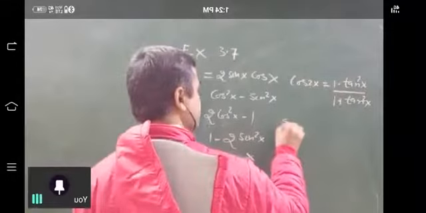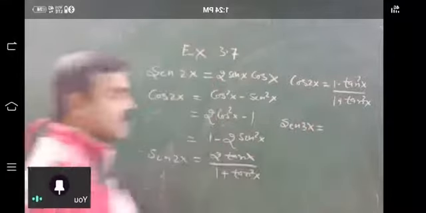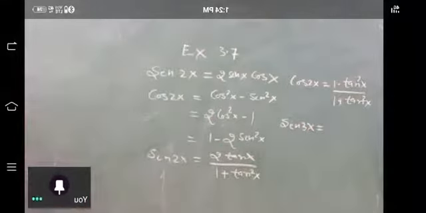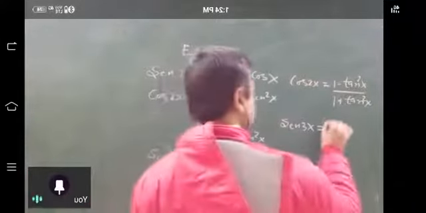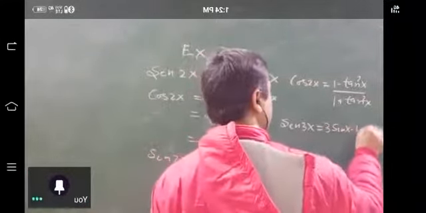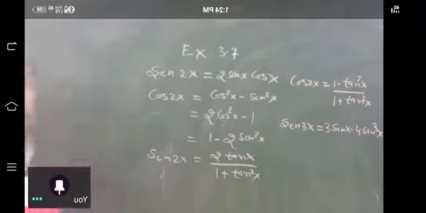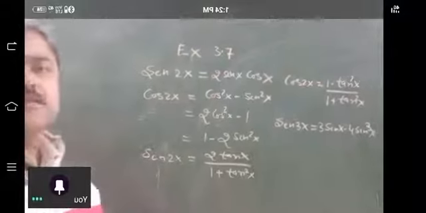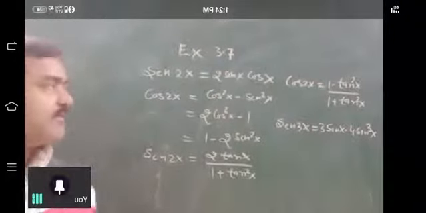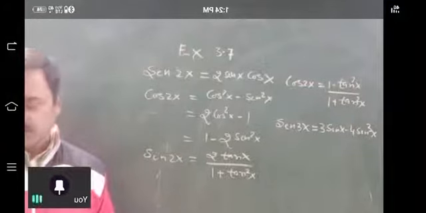Also sin 3x equals 3 sin x minus 4 sin cube x. This is the identity. Sin 3x equal 3 sin x minus 4 sin cube x.